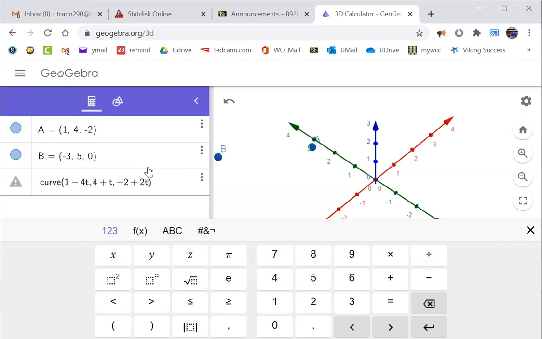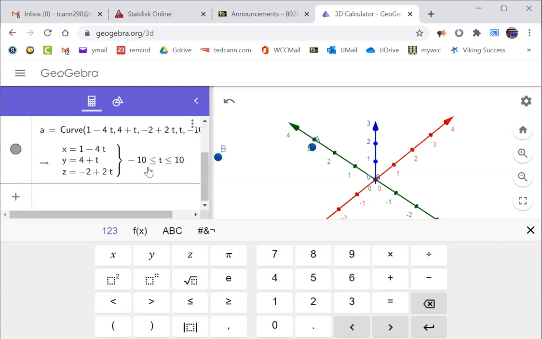Now, it's not just going to graph it without you telling it a couple of things. You've got to tell it what the variable is, and what the domain is, or where you want it to start graphing and where you want it to stop graphing. Negative 10 to 10 is usually a good place to start, and then you go from there. So that's what I'll do. Negative 10 to 10.